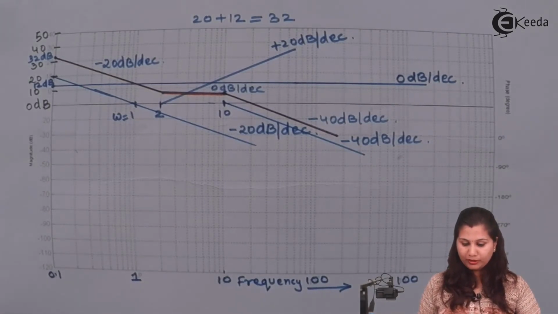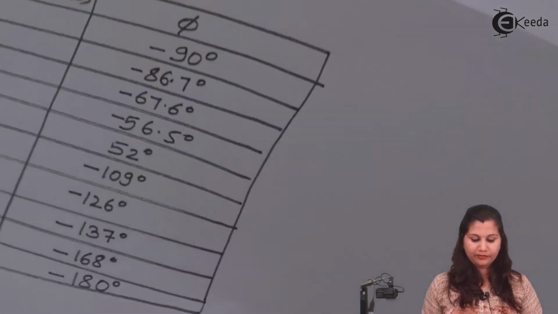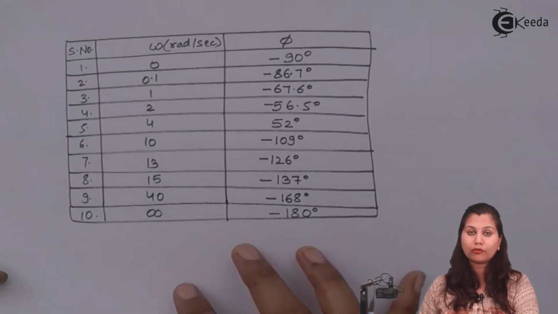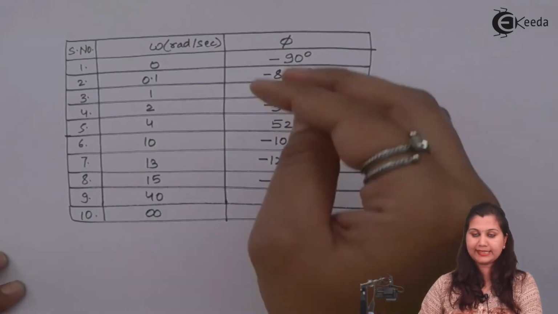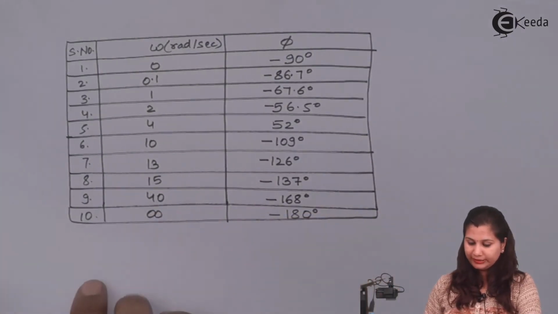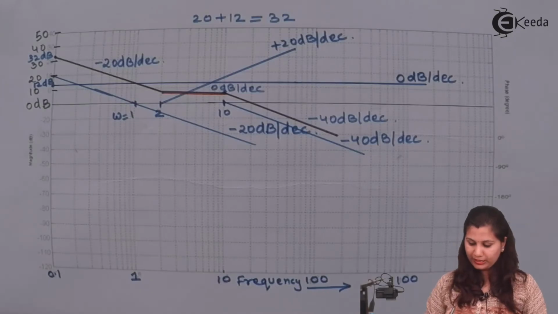Now for the phase plot, we will have to use that phase table where we have calculated the phase angle for different values of omega. Now if we see the phase angles, all the angles are greater than minus 180 degrees. So we will draw the minus 180 degree line in the lower part.